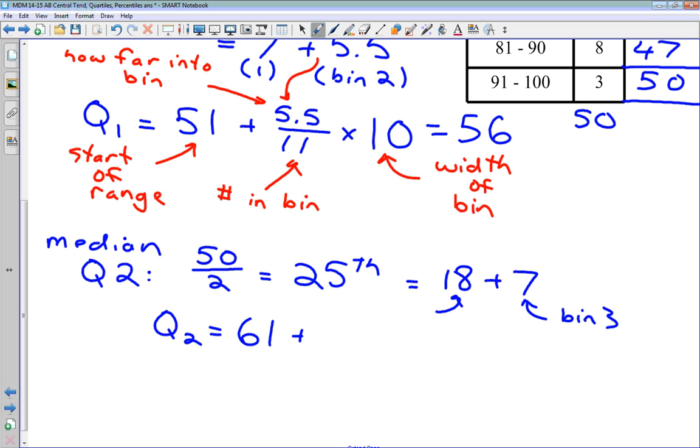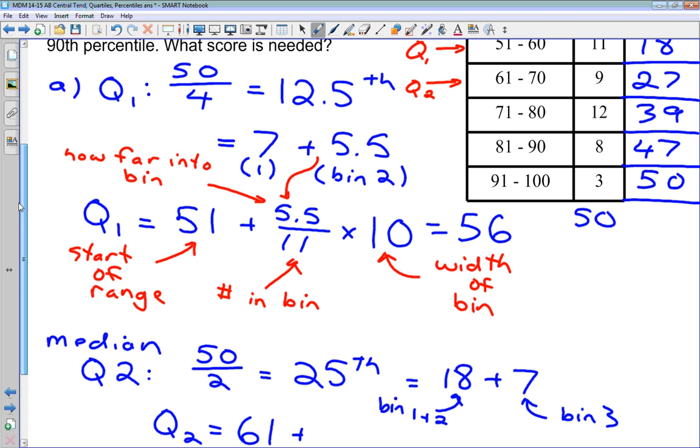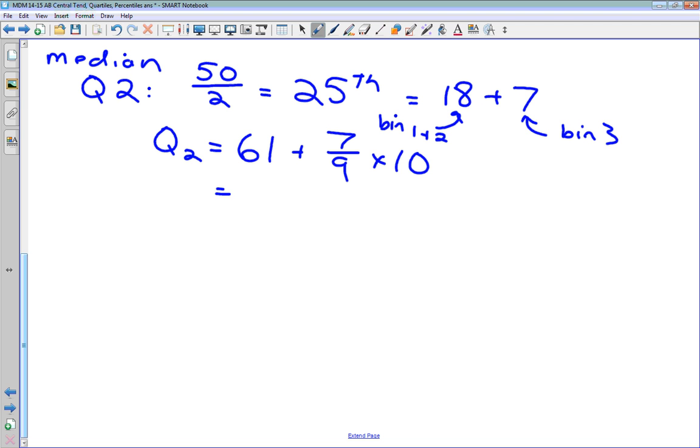And these guys are all in bin 1 plus 2. So we want the 7th value that would be in bin number 3. How many values are there in total in bin number 3? There are 9. So we want 7 out of 9. And how wide is this bin? It has a width of 10. So then we punch this into our calculator here, and we get 68.8, which is our median, or our Q2 value.